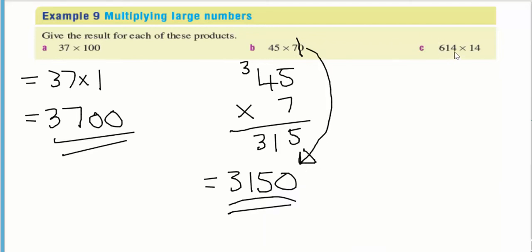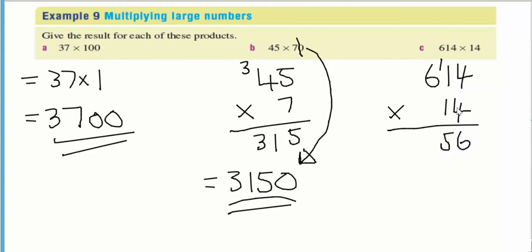And our last one, 614 by 14. We have to use our algorithm for that one, so 614 multiplied by 14. We set it up this way. 4 times 4 is 16, carry the 1. 4 times 1 is 4 plus 1 is 5. 4 times 6 is 24.